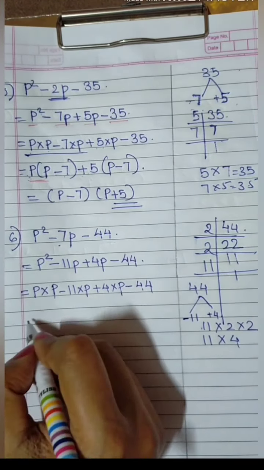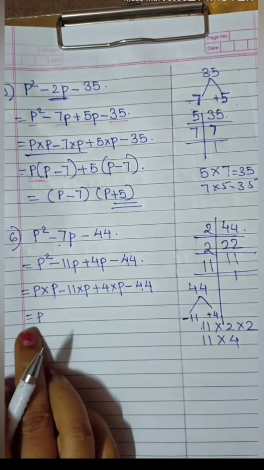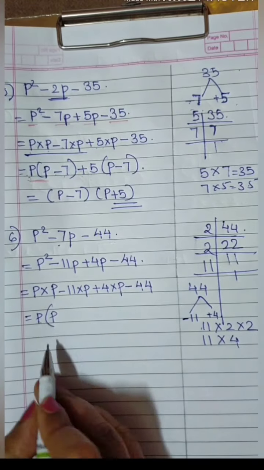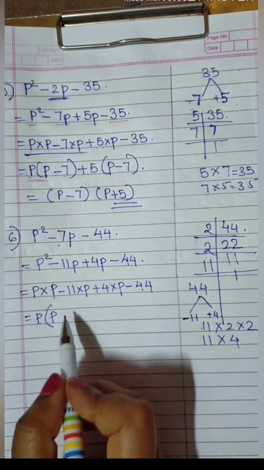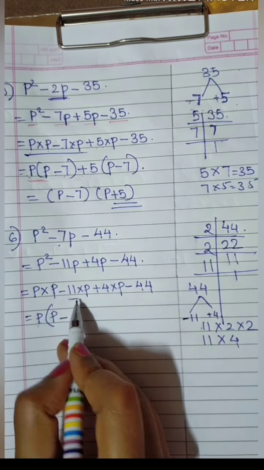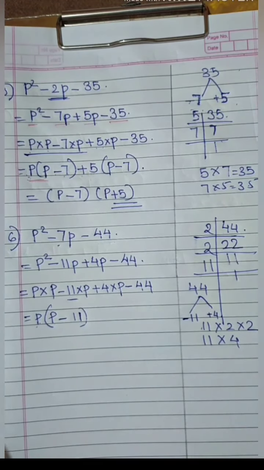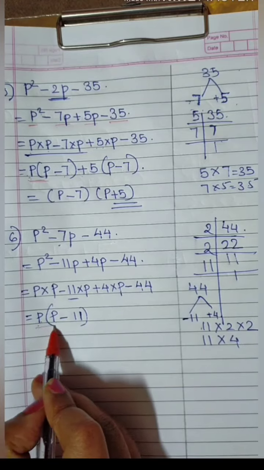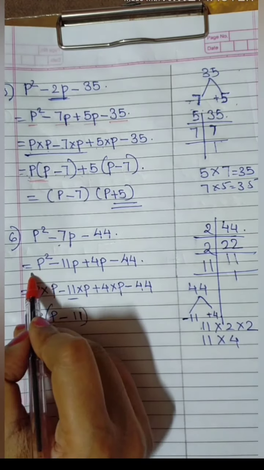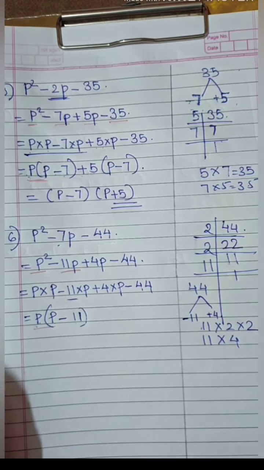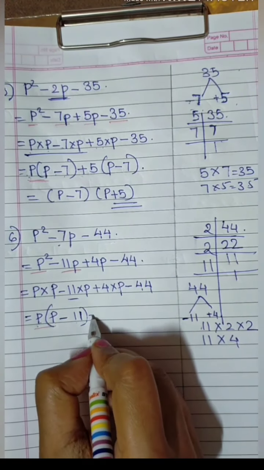Now I am taking one p and I am putting the bracket with the other p inside. So p into p is p square, again minus is here, so I am taking 11. Here, as you can see, p into p is p square, p into 11 is 11p. Now again plus sign I am writing here.